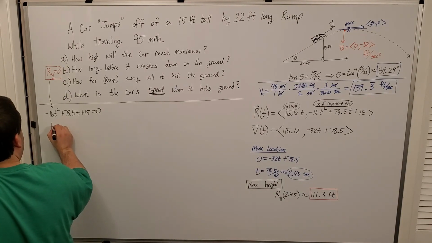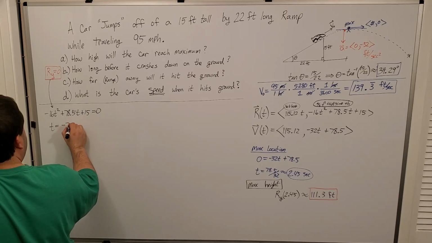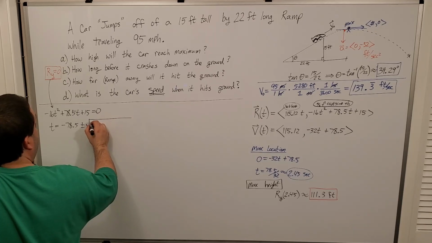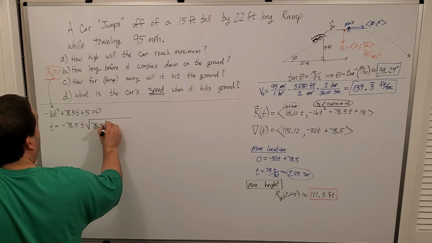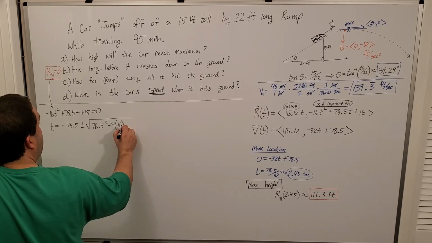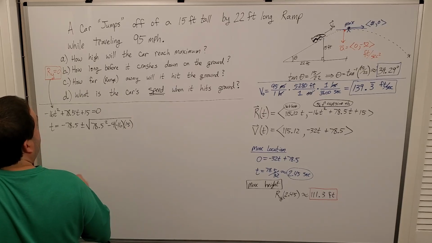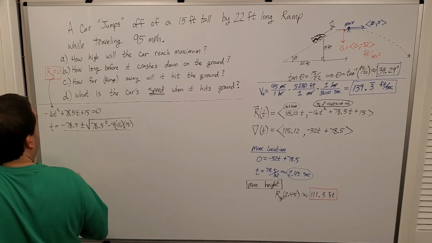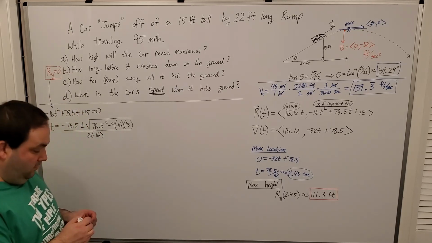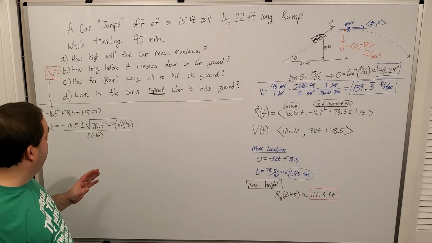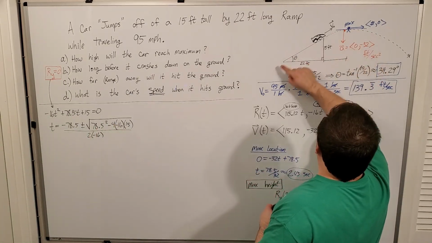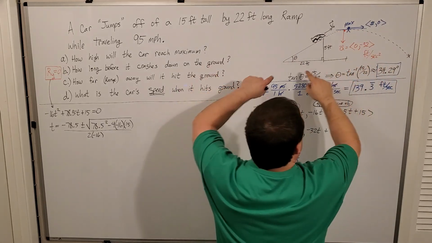I'm just going to solve it with the quadratic formula. So t is equal to negative 78.5 plus or minus the square root of 78.5 squared minus 4 times negative 16 times 15, all over 2 times negative 16. Now don't forget, we talked about this the last time we did a problem like this, you're going to get two answers here because technically we're talking about a parabola and it actually has an imaginary ground point on this side.